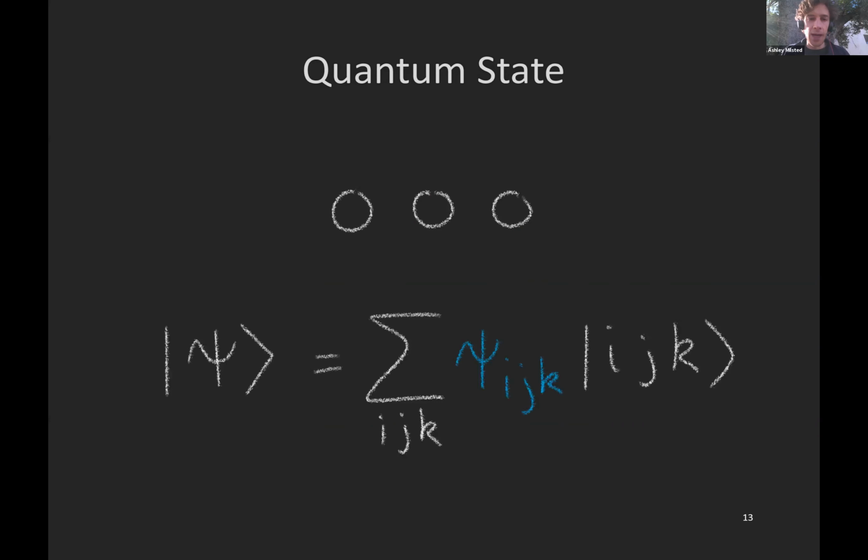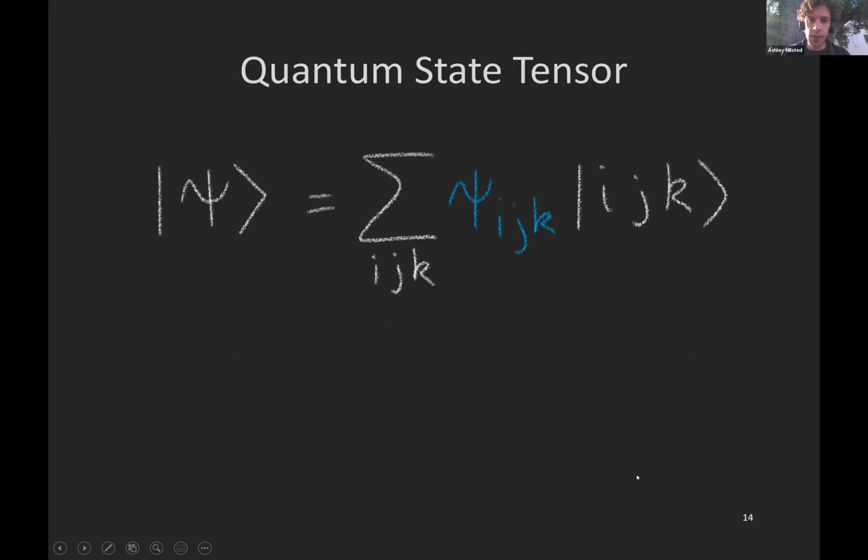So here's a quantum system. It has 3 sites, 3 bodies, 3 qubits, for example, or 3 spins. And here's a general state for that quantum system. So we sum over basis elements for each spin, i, j, k, and there's some wave function psi ijk for this system, discrete number of degrees of freedom. Now psi ijk, well, it is a tensor, right? It has multiple indices, so we can think of it as a tensor.